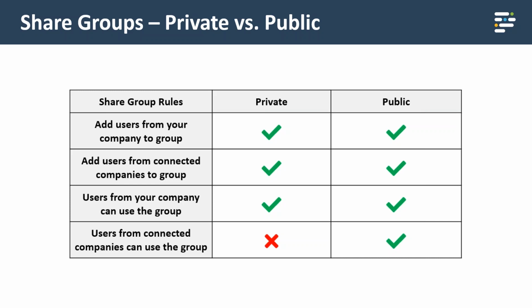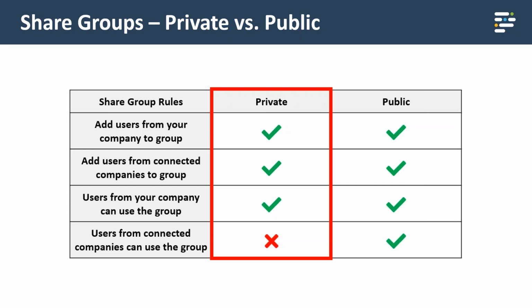There's a difference between private and public. So really, the only main big difference between private and public is allowing other users from other companies to use that share group. Let's say I'm ABC Construction and I make a share group on my project and I keep it as private because that's the default.